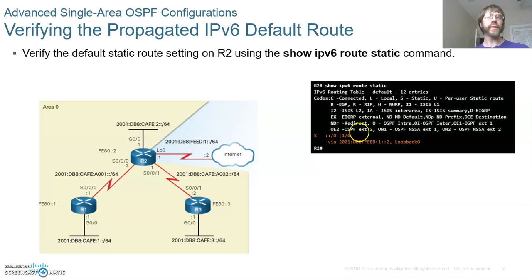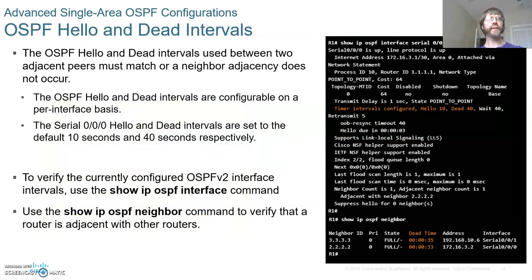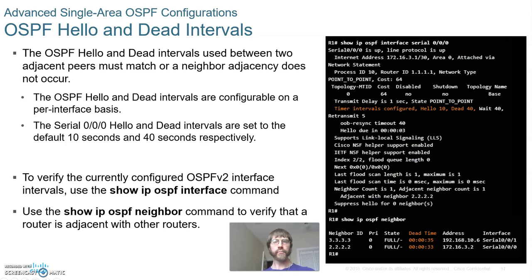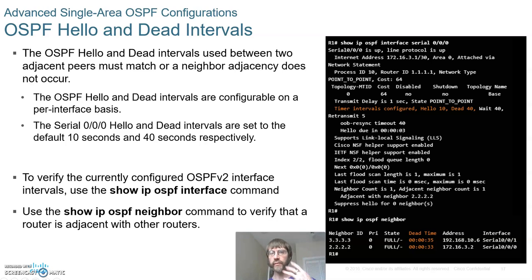Let's also talk about hello and dead intervals. The hello and dead intervals, as we know, control the process of making neighbor relationships, how long those neighbor relationships last, and how often it sends out hello packets.